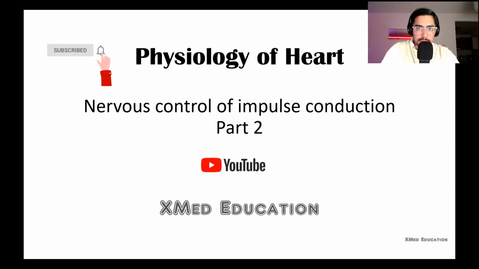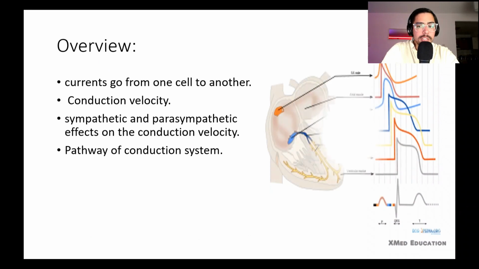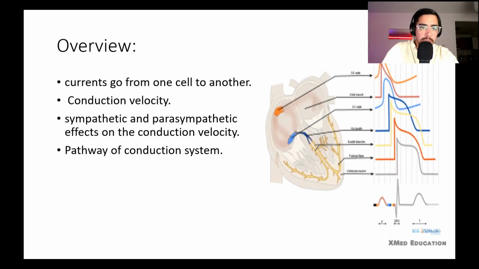So let's start. In this video we're going to talk about how the current inside the heart goes from one cell to another cell. Then we're going to talk about the conduction velocity of this current system inside the heart, and then we're going to see the effect of the sympathetic and parasympathetic nervous system on the conduction velocity.